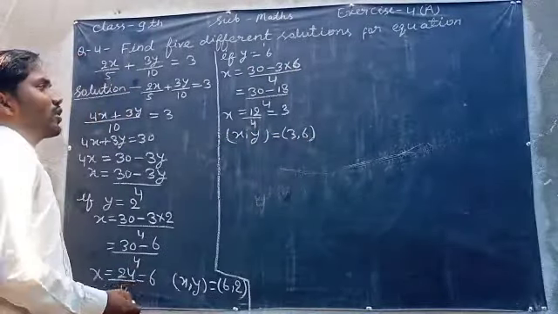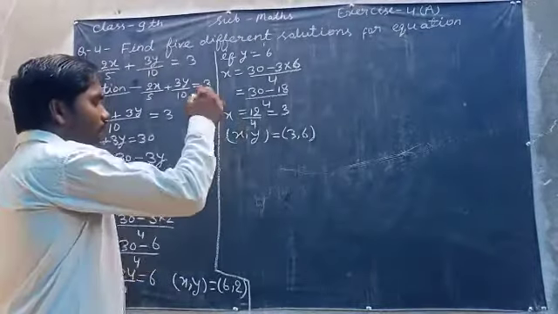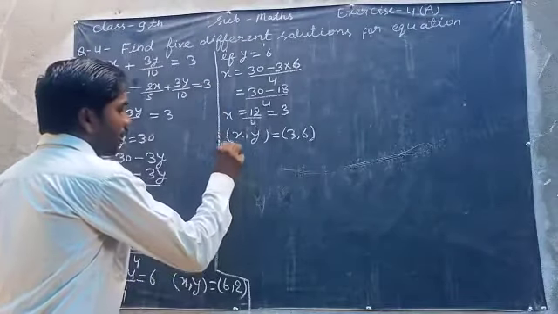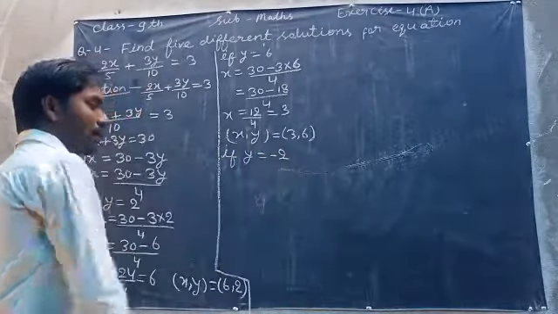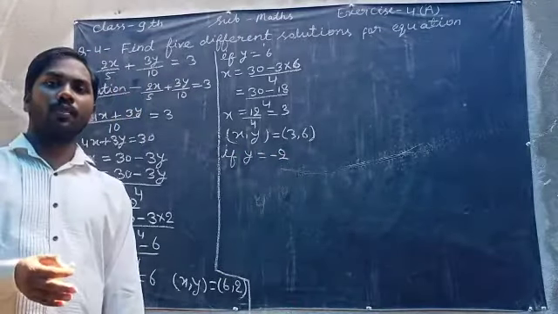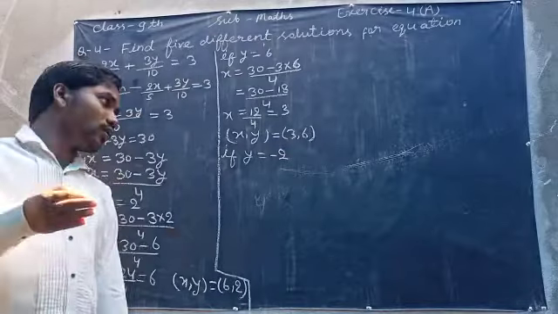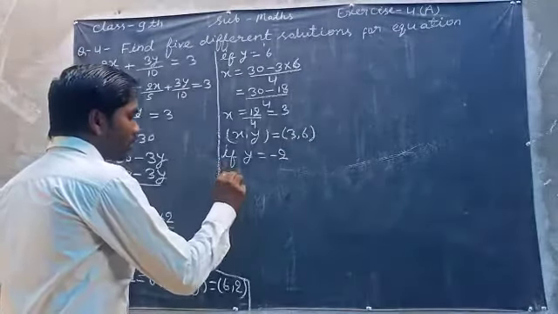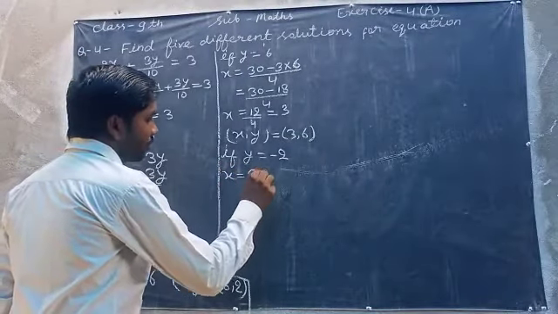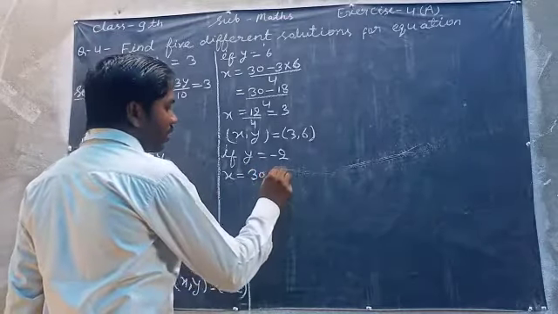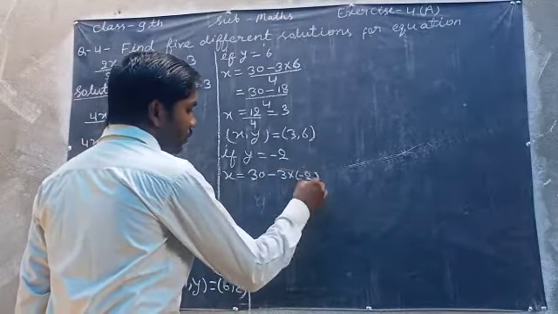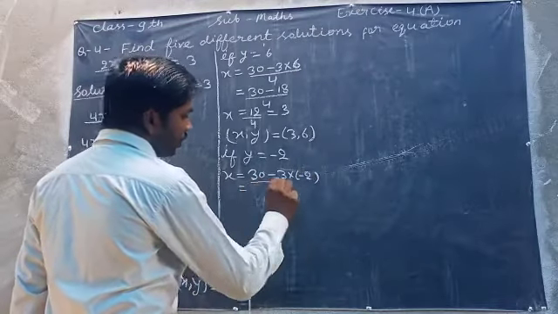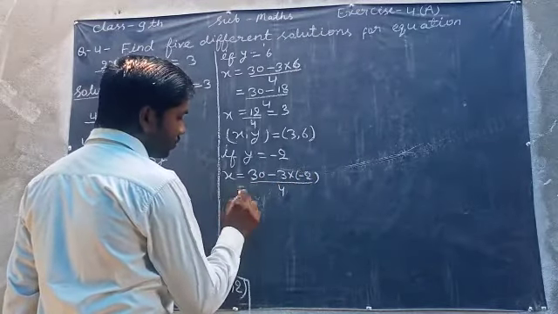Now we will put some more values for y. Let y be equal to minus 2. Now we put the value of y as negative. So x is equal to (30 minus 3 into minus 2) upon 4.